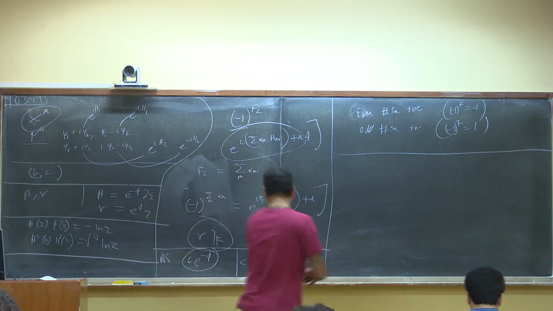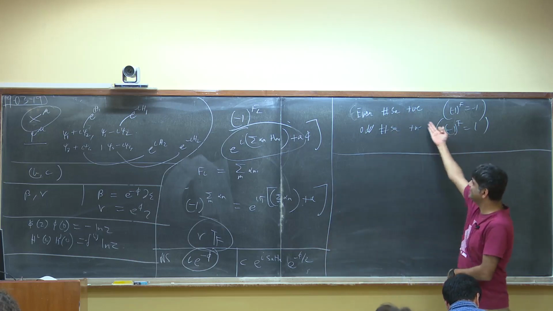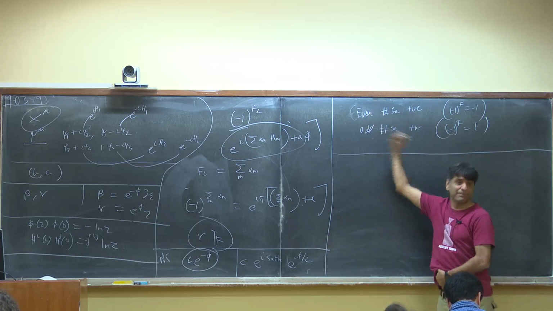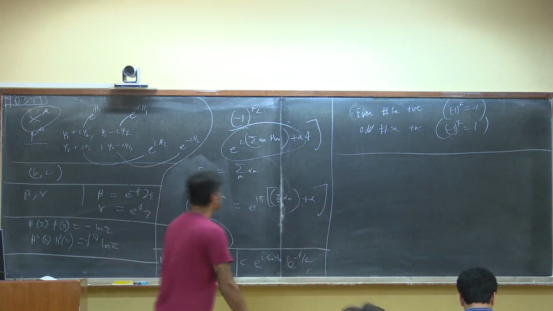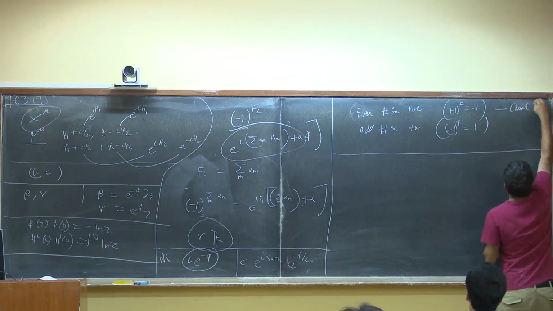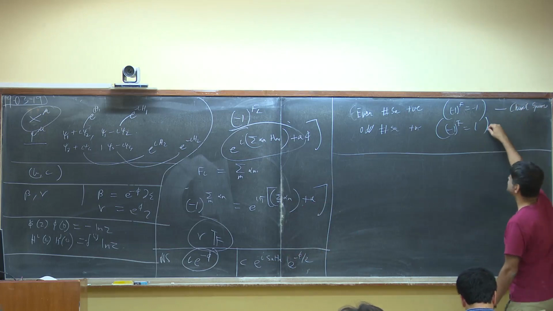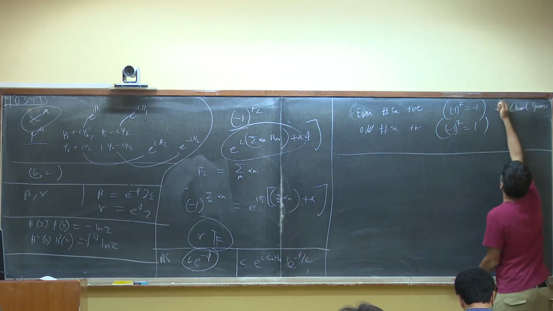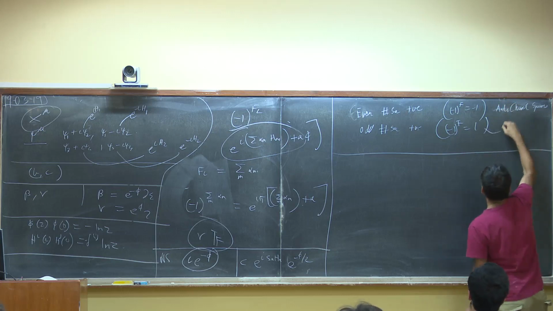So your usual definition of chirality is the same as the condition that either an even or odd number is positive or negative. So this guy is the chiral spinor, whereas this guy is anti-chiral. And this guy is the chiral spinor.